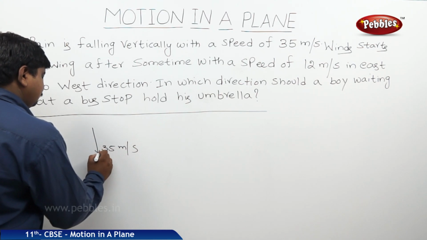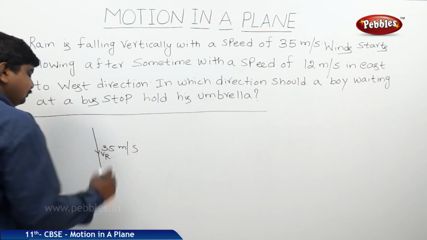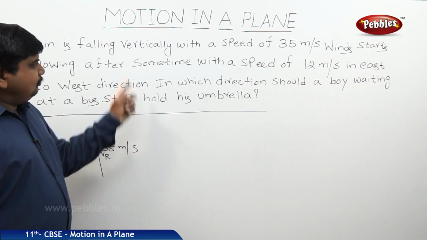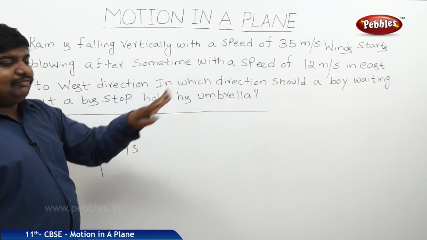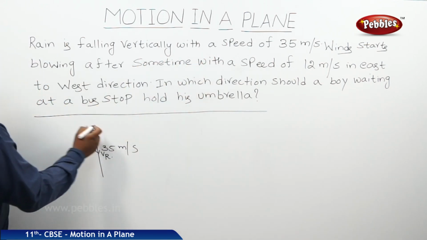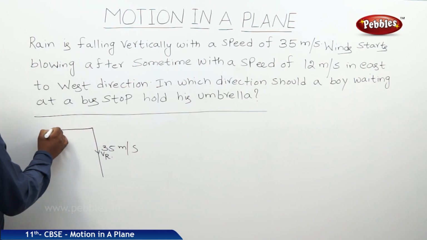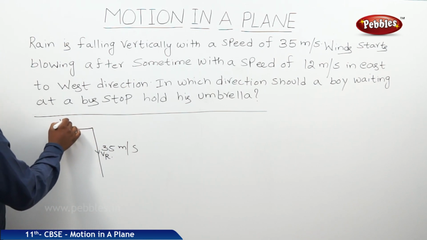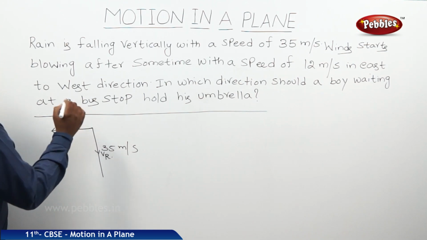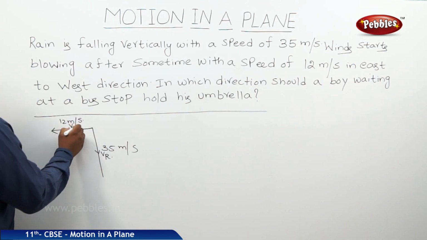It is velocity of rain. But at the same time, wind is blowing with a speed of 12 meters per second in east to west direction, like this. So this one is velocity of wind.